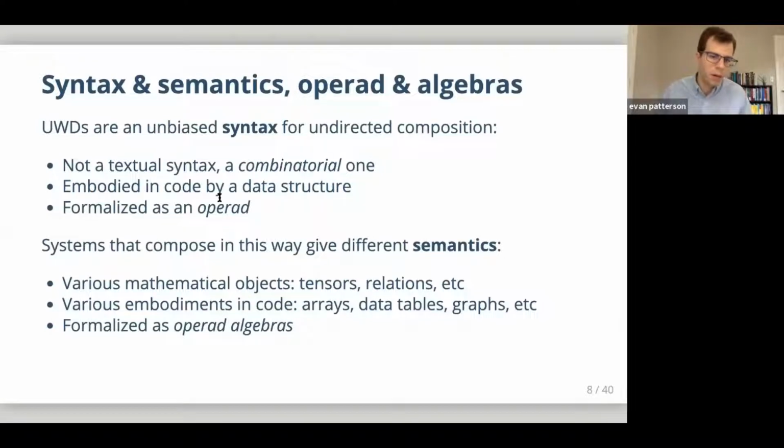The systems that compose according to this syntax give semantics for it. All sorts of different mathematical objects can be seen as the semantics of UWDs: tensors, relations, correlations, and so on. As a result, these can have lots of different kinds of embodiments in code as various kinds of data structures. The semantics of UWDs are formalized as algebras of the operad.